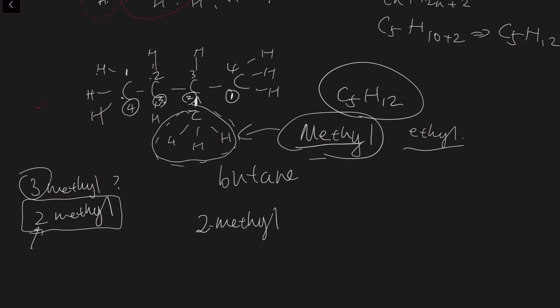And we know the longest carbon chain is a butane. Why is it butane? Because it has 4 carbons in the longest carbon chain and only has carbon-to-carbon single bonds. So the name of this species is called 2-methylbutane.